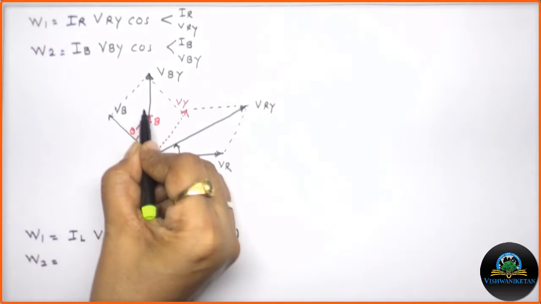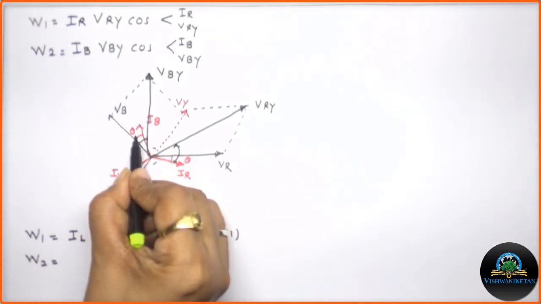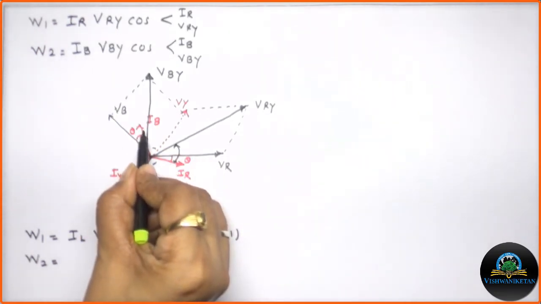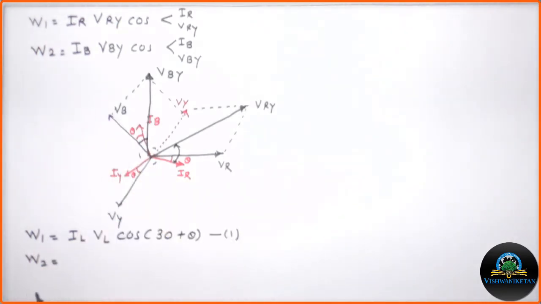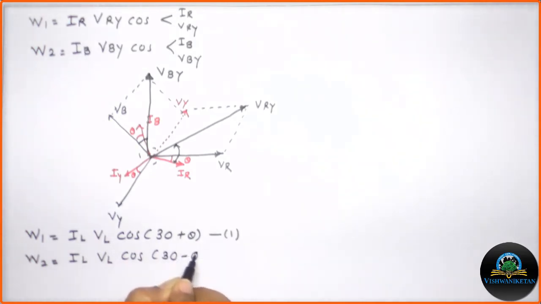Now the total angle is 30, but in that again theta is there. So what will be the remaining one? Definitely it will be 30 minus theta. So I can write the equation IL VL cos 30 minus theta. I will call it equation number 2.